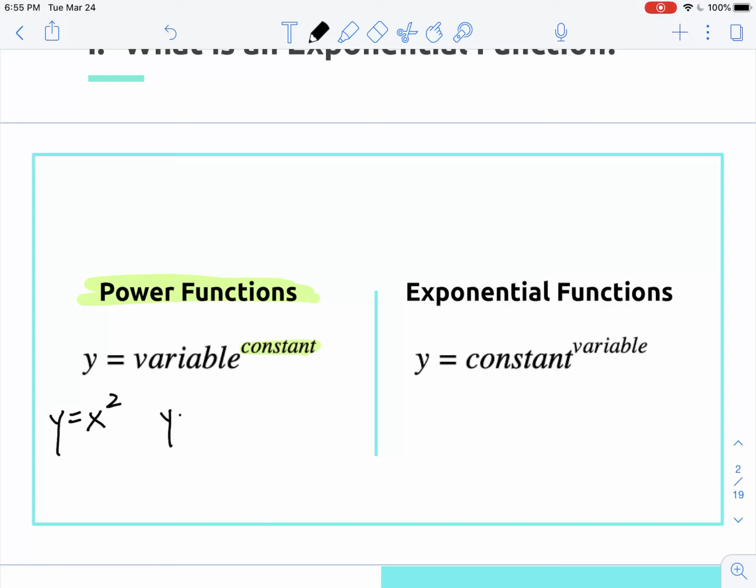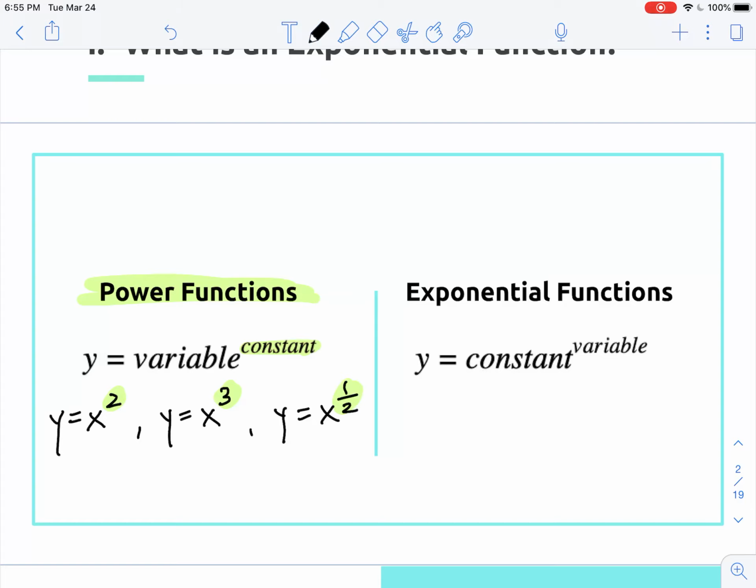Maybe you have y equals x cubed. That's a power function. Maybe you have y equals x to the 1/2. That's a power function. Any of these could be considered power functions because all of the constants are in the exponent spot.